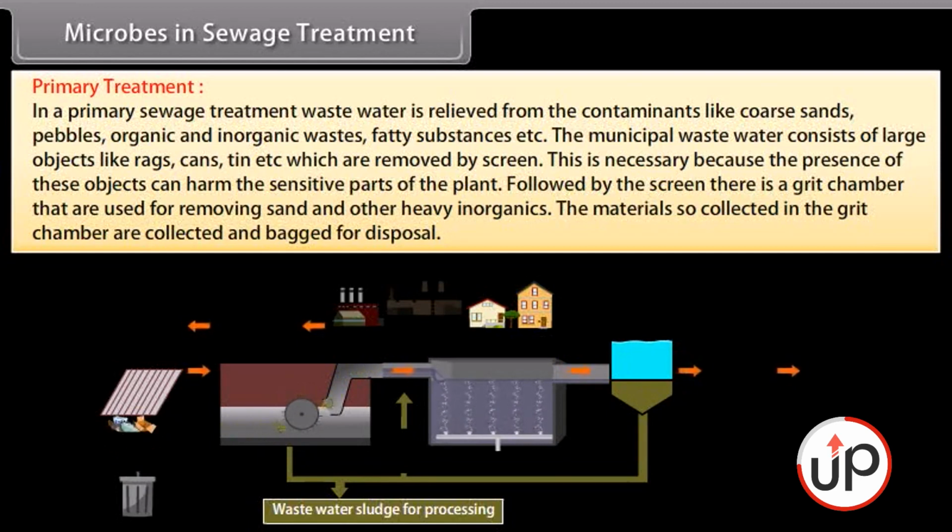This is necessary because the presence of these objects can harm the sensitive parts of the plant. Followed by the screen, there is a grit chamber that is used for removing sand and other heavy inorganics. The materials so collected in the grit chamber are bagged for disposal.